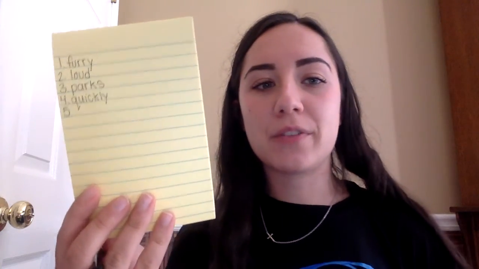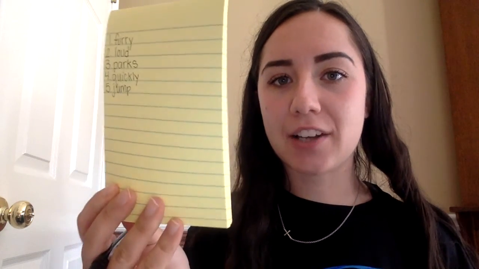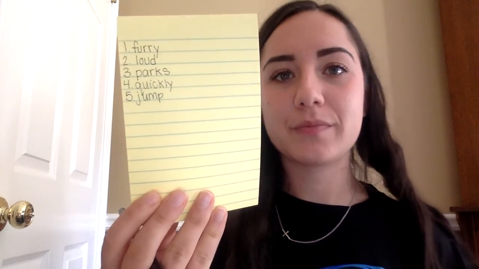Okay, number 5 is another verb. A verb is an action word. So what's an action you can do? I'm going to pick jump. Jump is an action I can do. All right, number 6 is a noun, a person, a place, or a thing. This time I'm going to pick a person and I'm going to say a teacher.